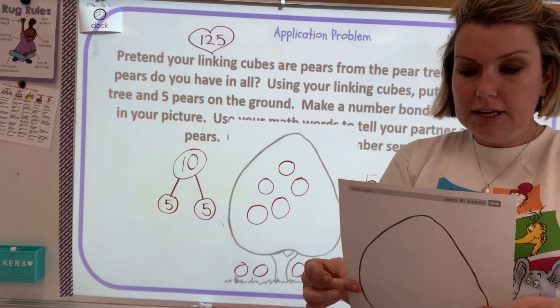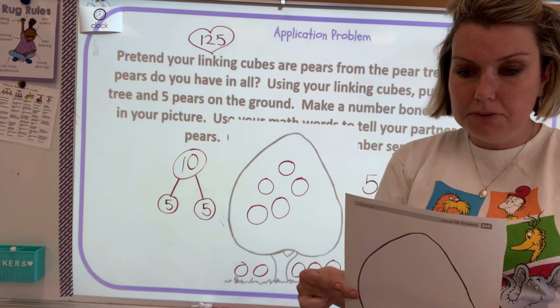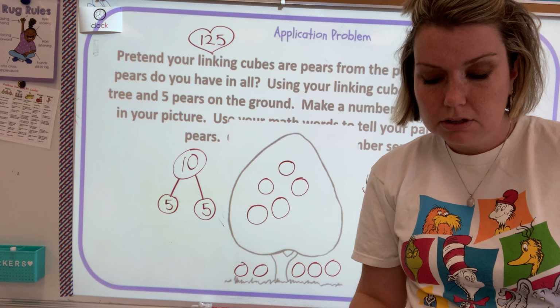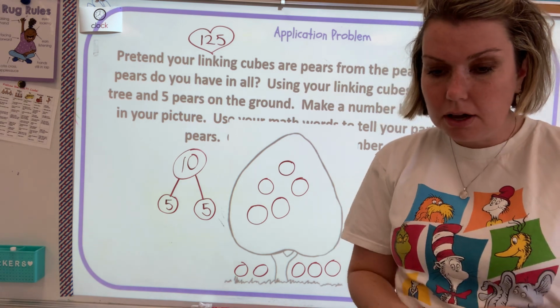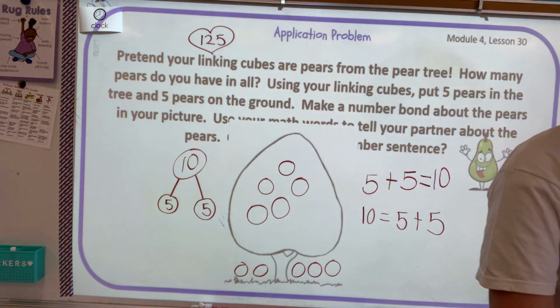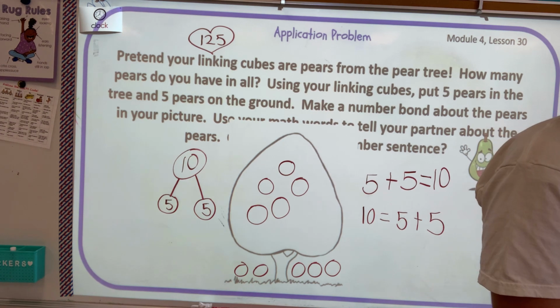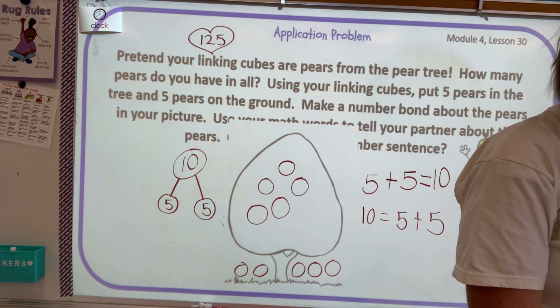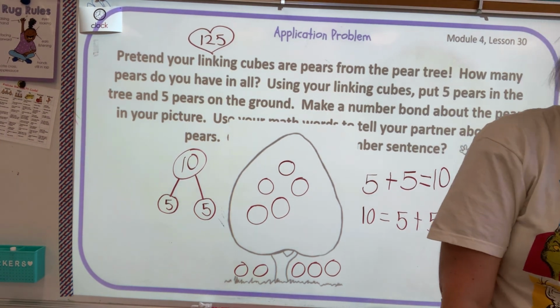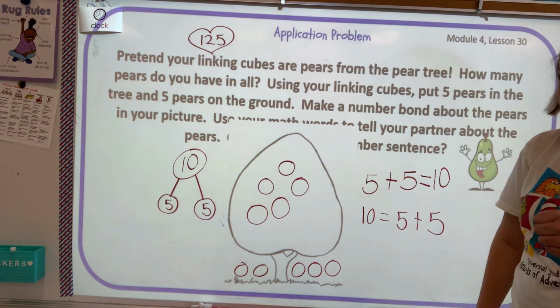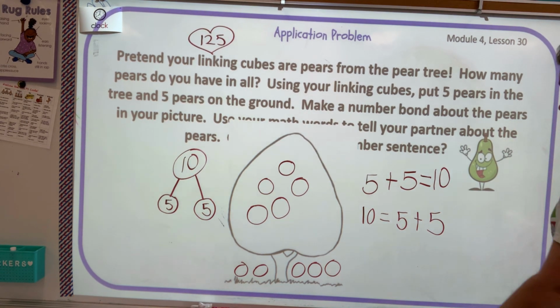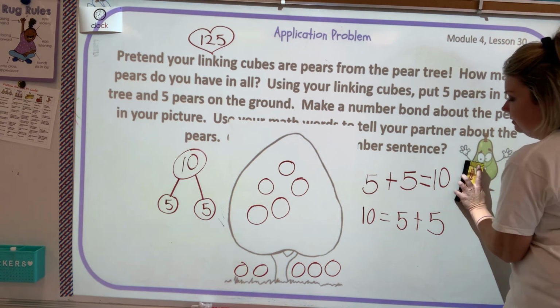So you can get it out and put it in front of you. Can we pull it out or we can just put it in our books? Either way. I'm going to keep it in my book. Okay. I'm going to go ahead and erase this.